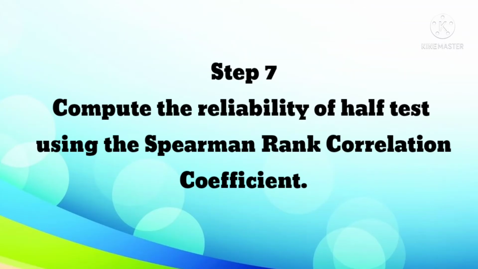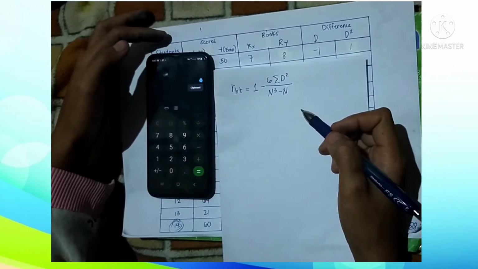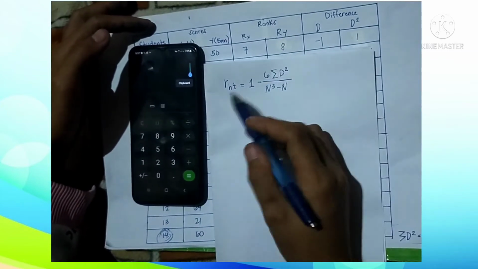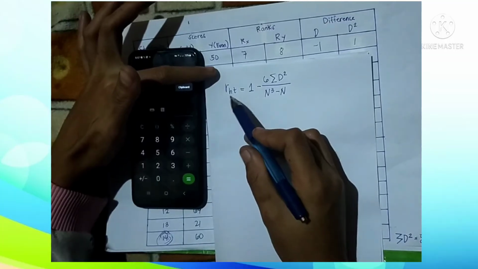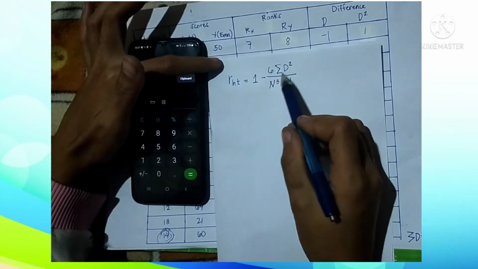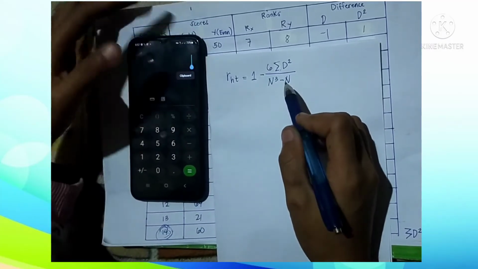Step 7. Compute the reliability of half tests using the Spearman Rank Correlation Coefficient. To get the reliability of half tests, we are going to use the Spearman Rank Formula, which is reliability of half tests equals 1 minus 6 summation of d squared divided by n cubed minus n.